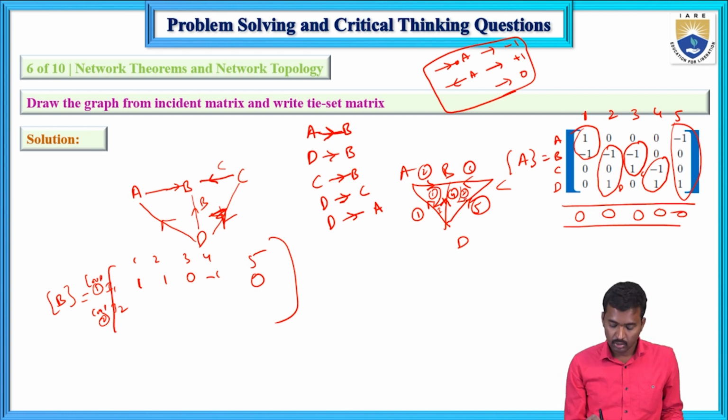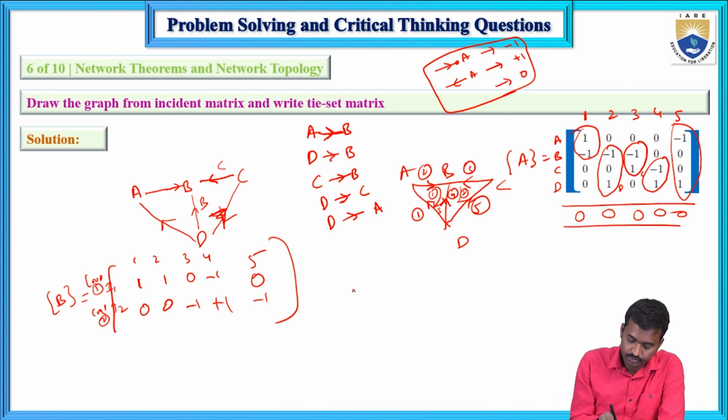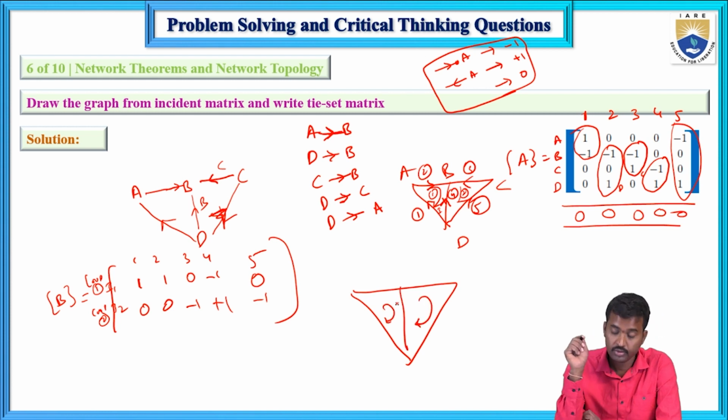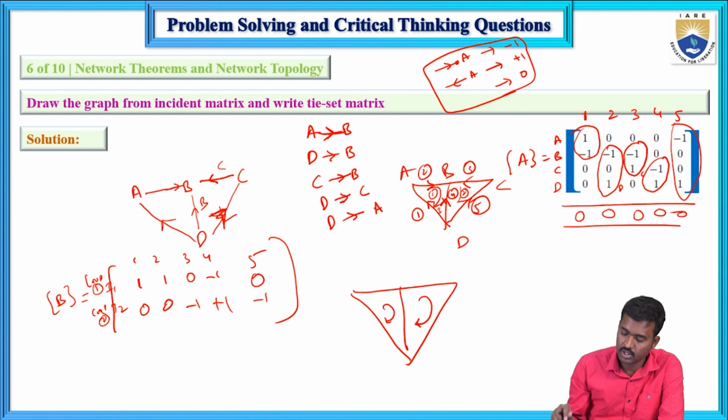Next, second loop: branches 1 and 2 are not associated, 3 is opposite direction, 5 is opposite direction, and 4th is same direction. Now, if it is same direction, take positive sign. If it is opposite direction, take -1. Not associated means 0.